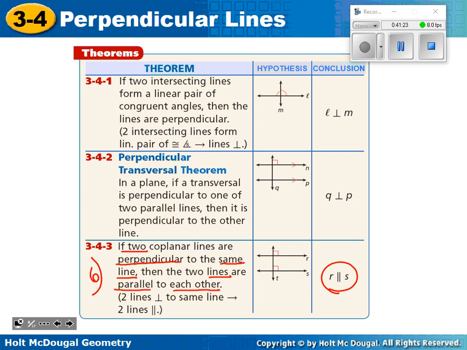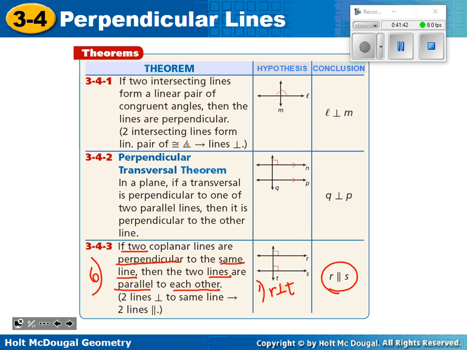If you look at the picture, if this is a proof, I want to point out what you would have to have in your proof. They don't do a good job here in the notes, so you may want to add this. In your proof, you would have to first have R is perpendicular to T somewhere in your proof.